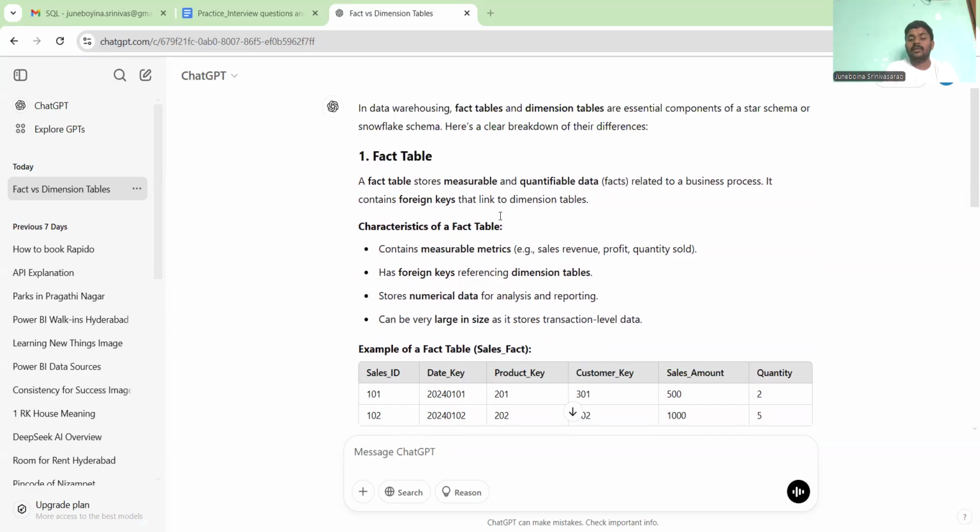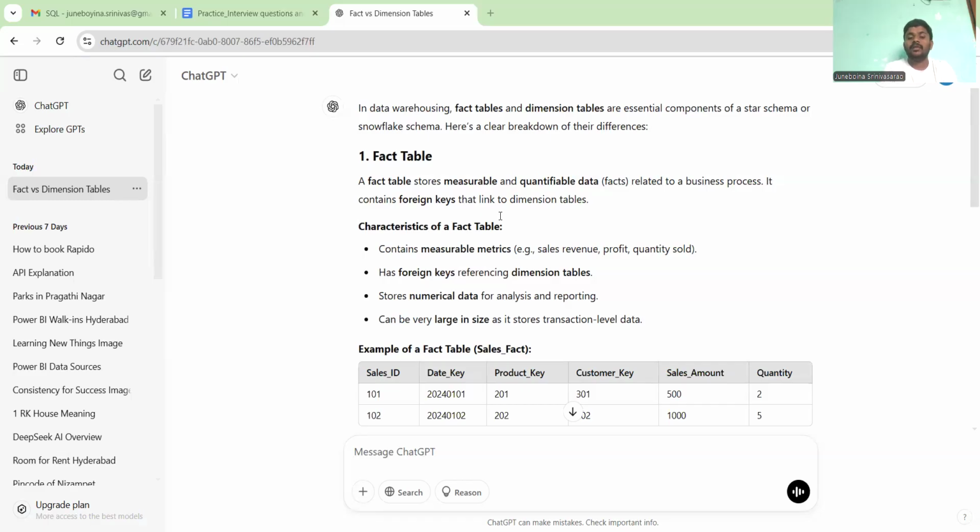Fact table stores measurable and quantifiable data related to a business process. It contains foreign keys that link to dimension tables. So the dimension tables and fact tables are connected by using foreign keys presented in the fact table.